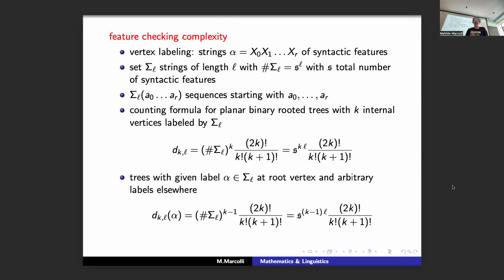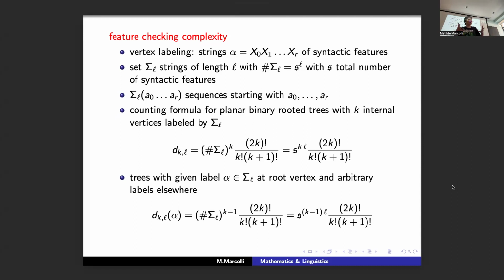In fact, you can measure how fast the complexity of checking domains is growing. If you have to do several of these operations and you have a certain string of syntactic features labeling the vertices, you can look at the number of syntactic features that are available, the number of possible strings that you can form, and you have a certain counting formula for all the possible planar rooted trees with those labelings.